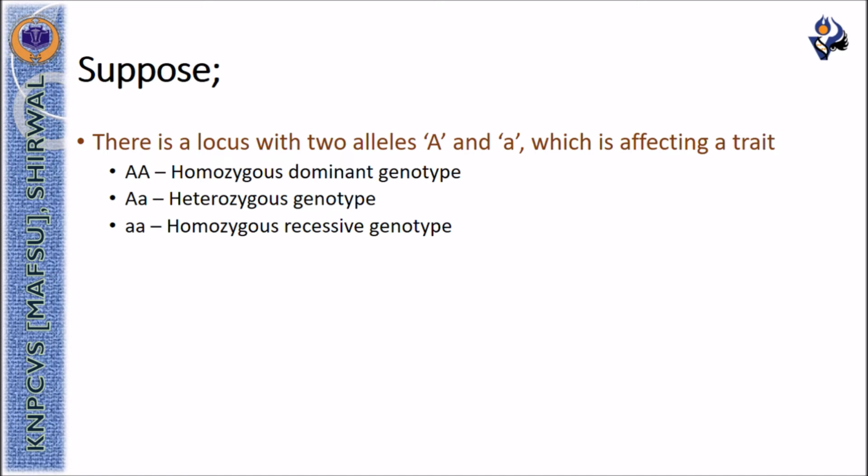We will try to clear the concept of genotypic value with the help of a hypothetical example. Suppose there is a locus with two alleles, dominant A and recessive a, which are affecting a particular trait. Then in the population, capital A capital A will form a homozygous dominant genotype, capital A small a will form a heterozygous genotype, and small a small a will form a homozygous recessive genotype.